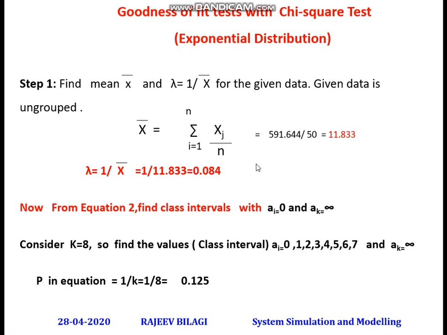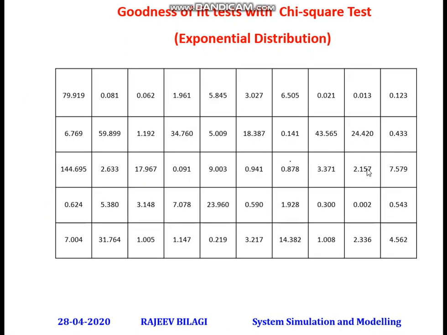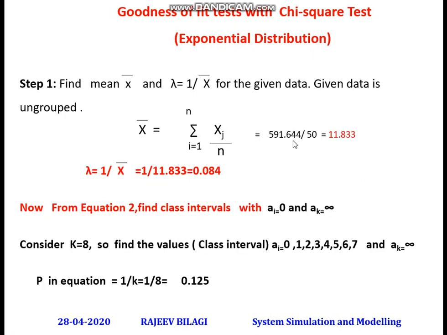If you add all these numbers, you will get 591.644 divided by 50, so you are going to get 11.833. This is your x bar value. So lambda equals 1 by x bar, that is 1 divided by 11.833, which is equal to 0.084.